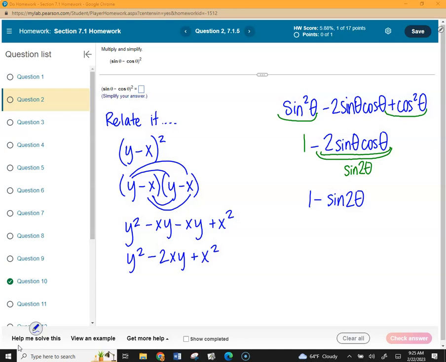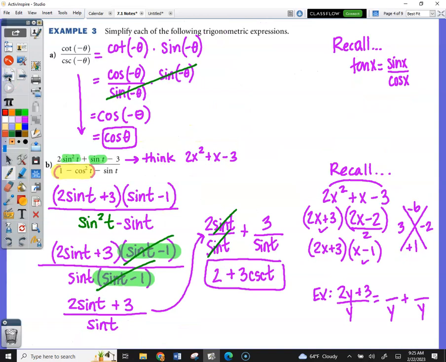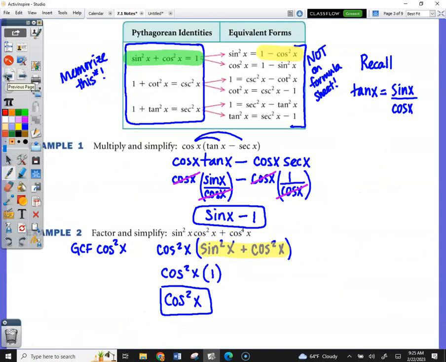You're going to end up replacing secant squared minus, so, okay, right here. Focus your attention here. Notice tan squared is secant squared minus 1.